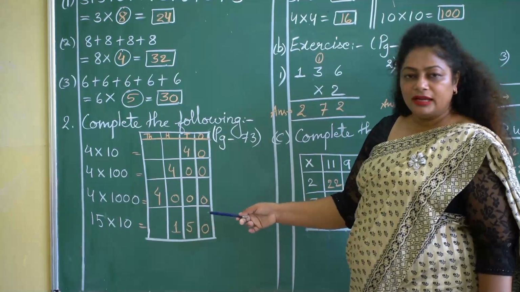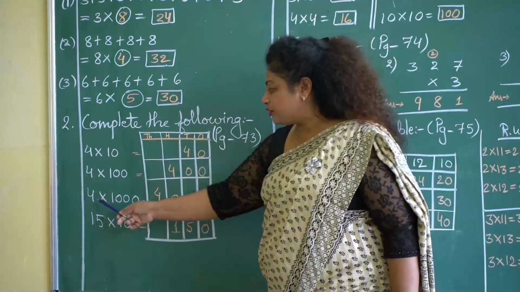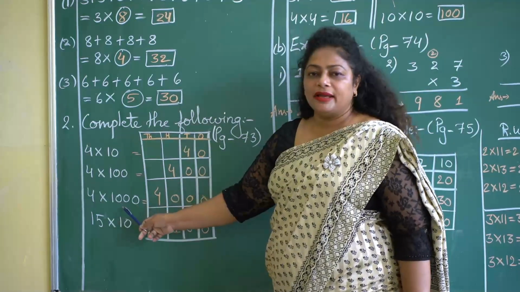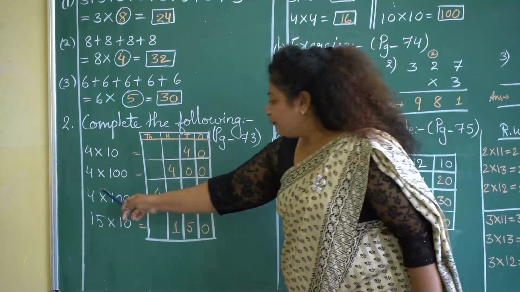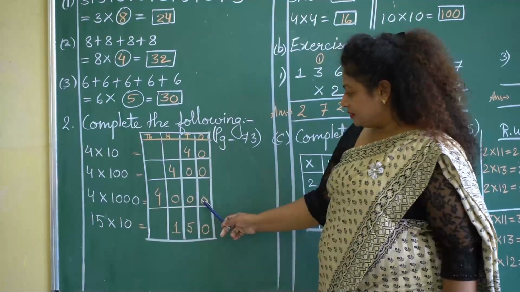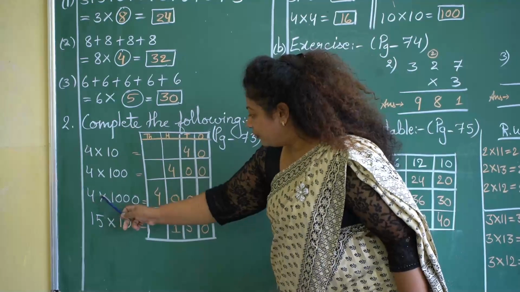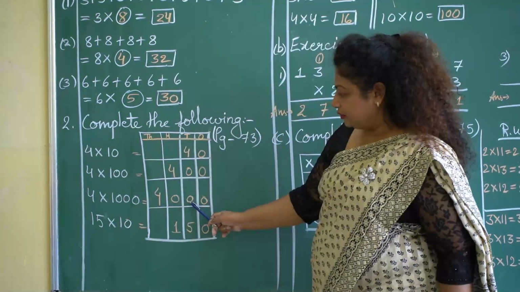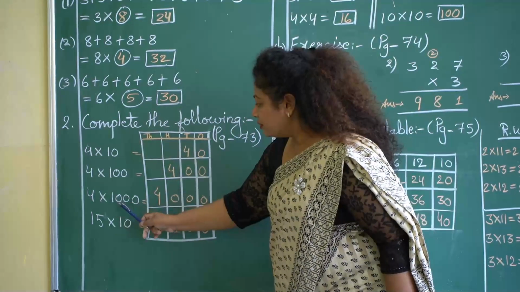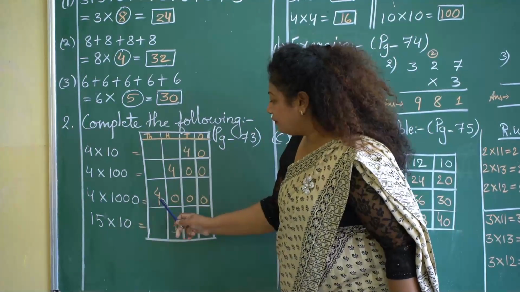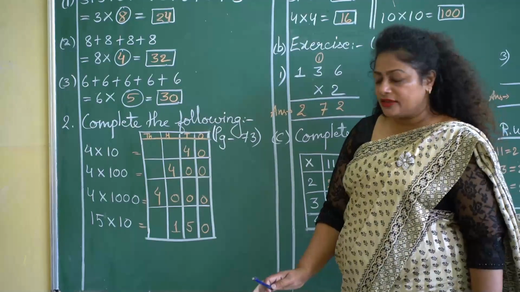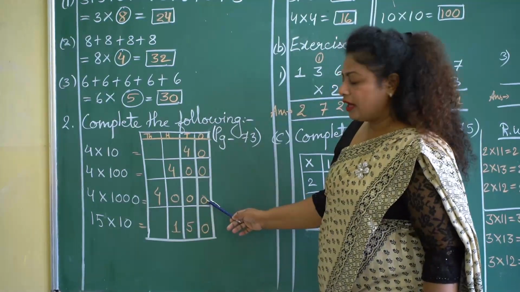Let us come to the next number. The next number given to you is 4 multiplied by 1000. Again we will follow the same process. 4 zeros are 0. Again 4 zeros are 0. Again 4 zeros are 0 and 4 1s are 4. That means the answer we got is 4000.